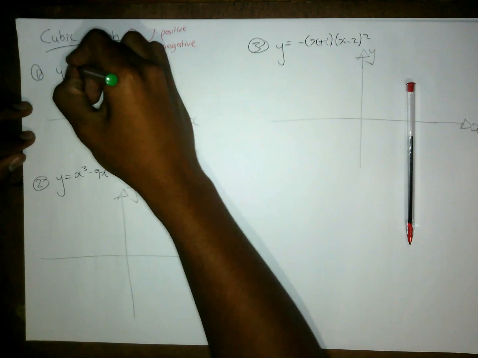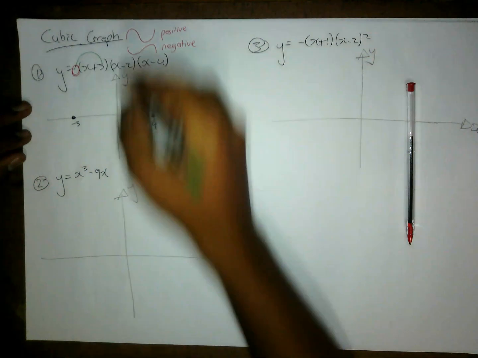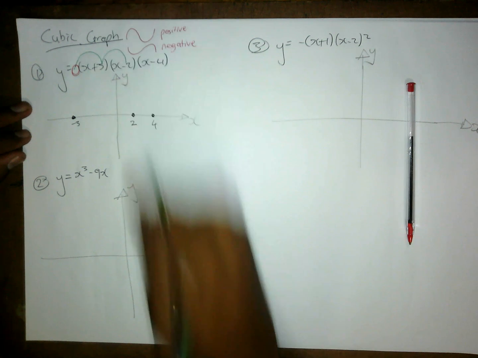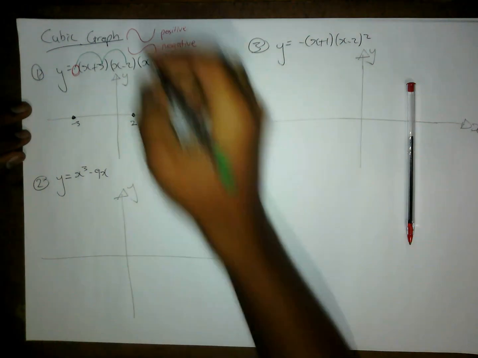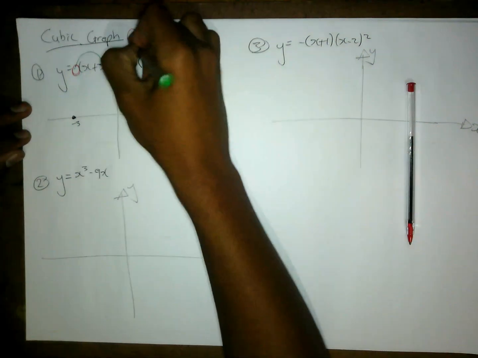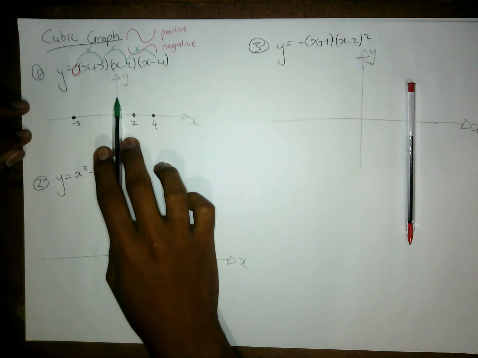So this number multiplied with that 3, multiplied with this negative 2, multiplied with that negative 4, will give us our y-intercept.